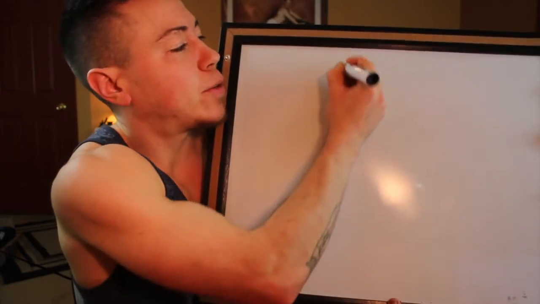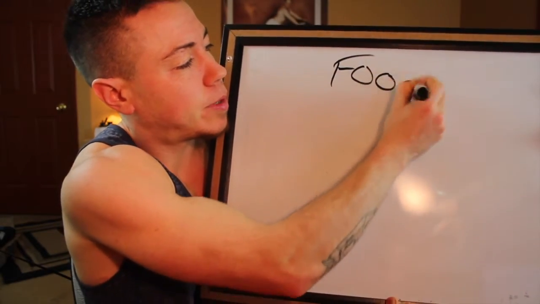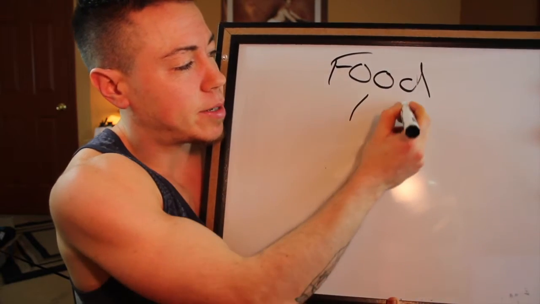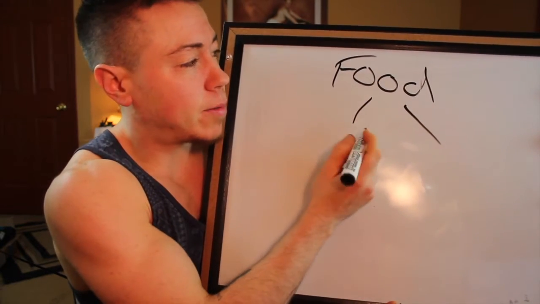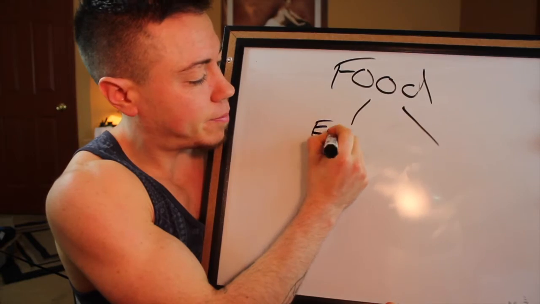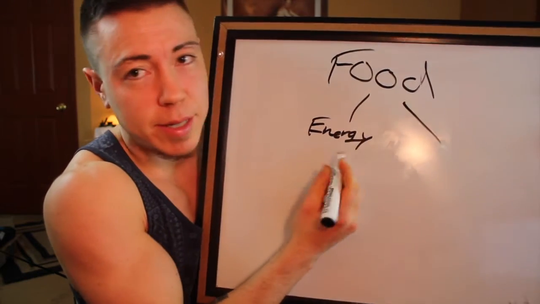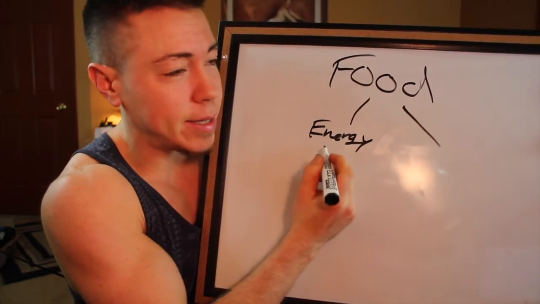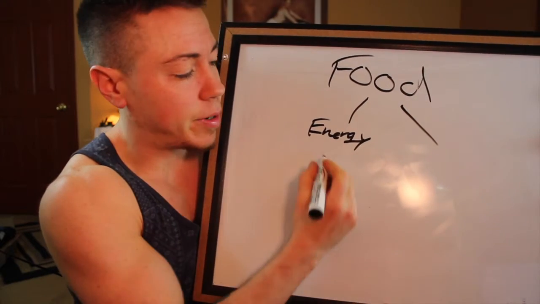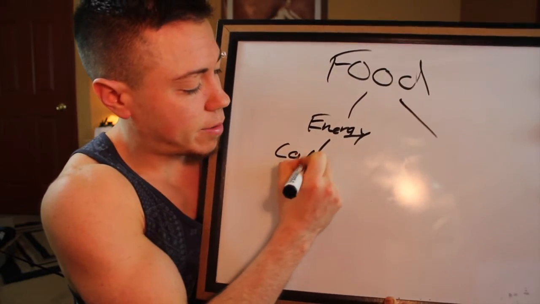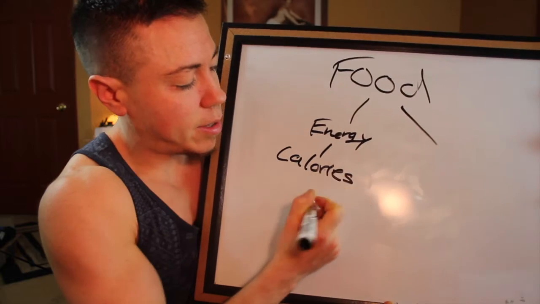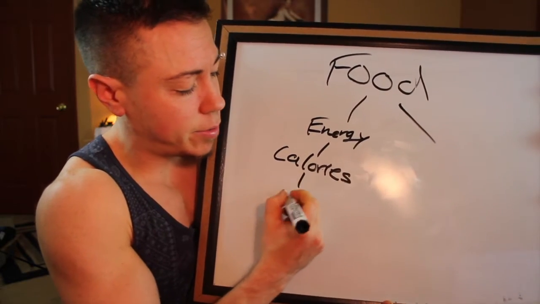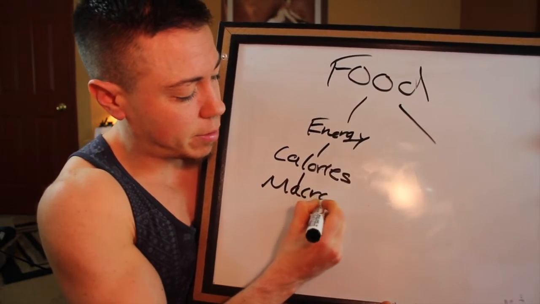Here we go. So food. Food is broken down into a few things. One is energy, which for us is kcalories or calories. And those calories are broken down into macros.